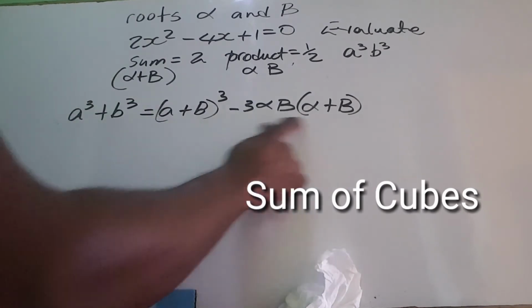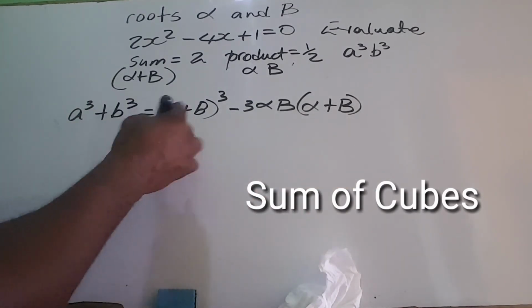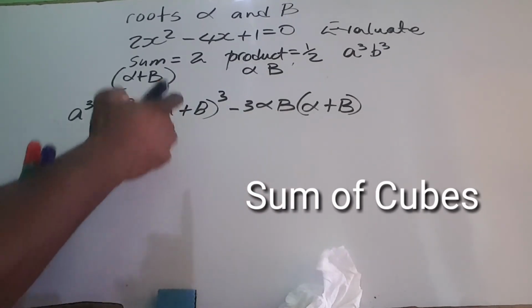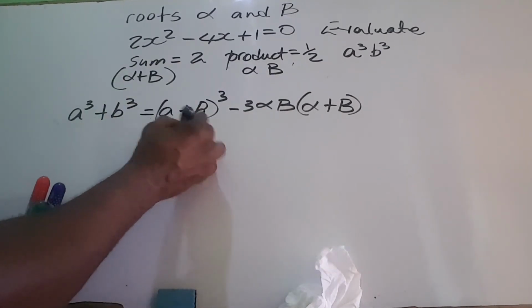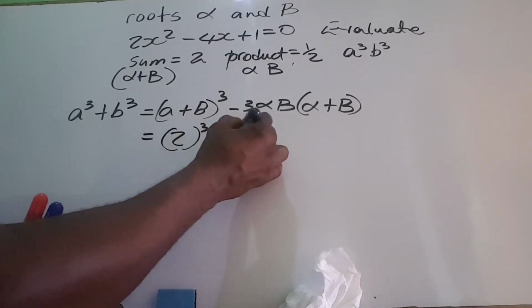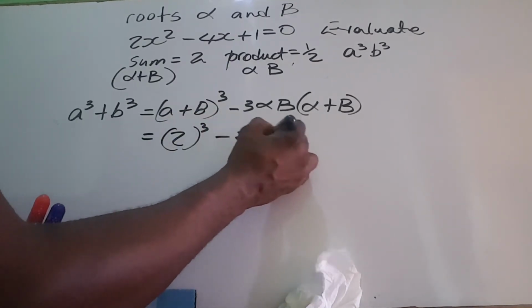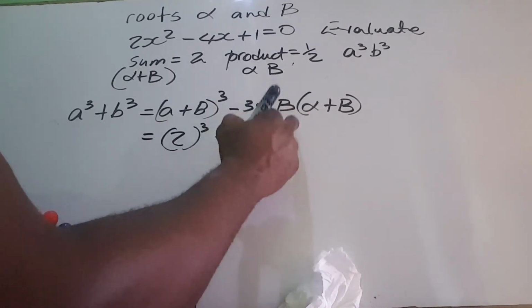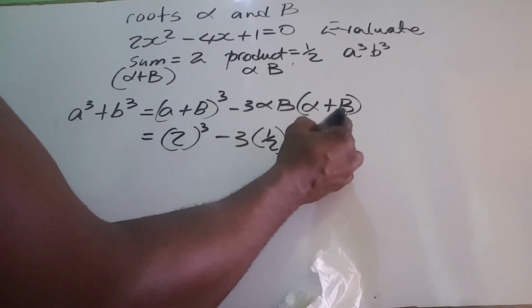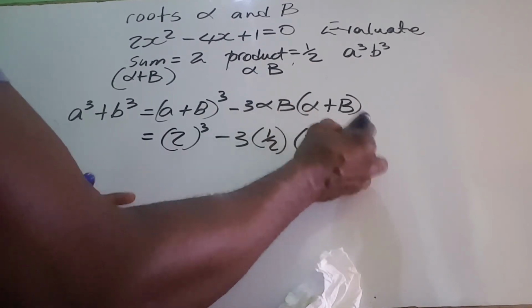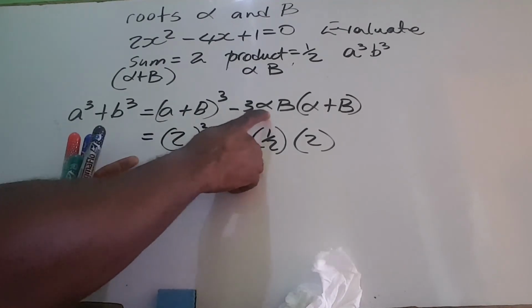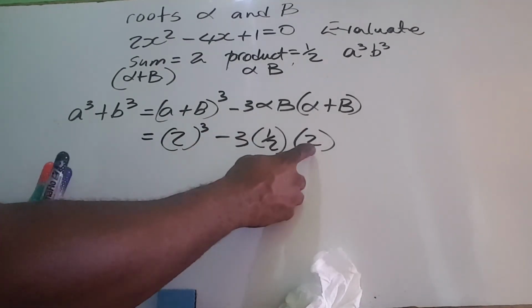You have to remember this directly so that you're able to just substitute the values for the sum and the product. So the sum is 2, we're cubing that, minus 3 times the product, which is a half, multiplied by the sum again, which is 2. So basically, we're looking at the sum cubed minus 3 times the product times the sum.